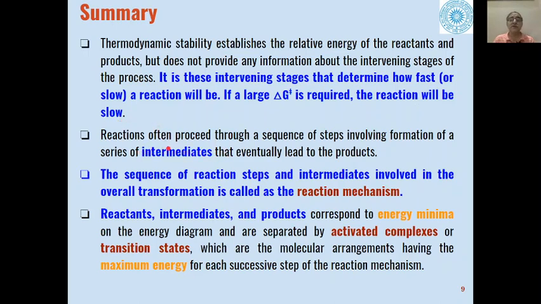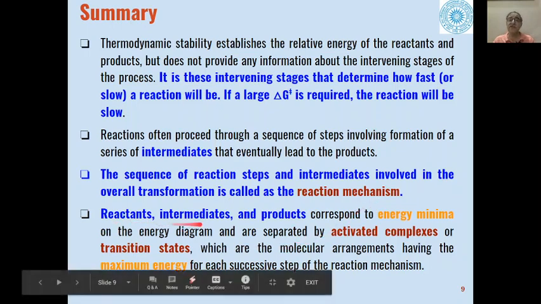And as I have shown you, reactions proceed through a sequence of steps, and each step has an intermediate which is formed through a transition state. And the sequence of these reaction steps and intermediates involved in the overall transformation of a reactant into a product is called the reaction mechanism.